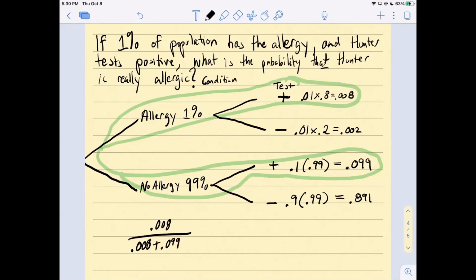This is the probability, and I'm going to write it a little bit using the formula, but Adam, this is the way that I think about it. I don't really do a formula. I think about what my branches are, what universe I'm in. I want to know what's the probability of having an allergy given that I'm in the testing, like out of all people that test positive, how many of those have the allergy?